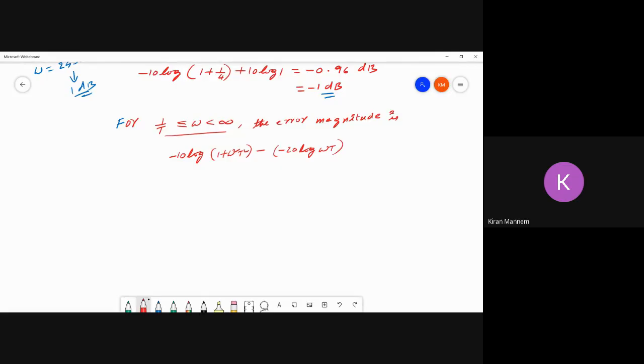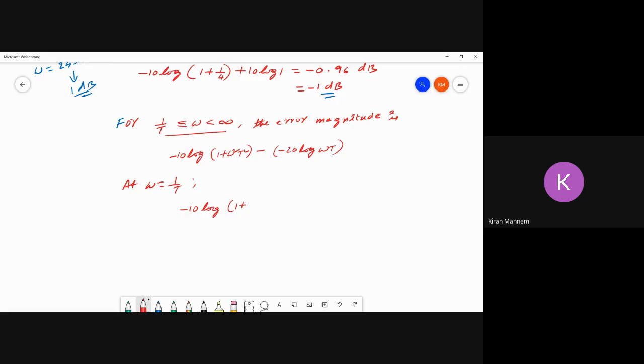So the error at corner frequency, that is at omega equal to 1 by t. It's a corner frequency. So for this range, what's the value? It will be minus 10 log 1 plus omega square t square, where omega square is 1 by t square, which gets cancelled.